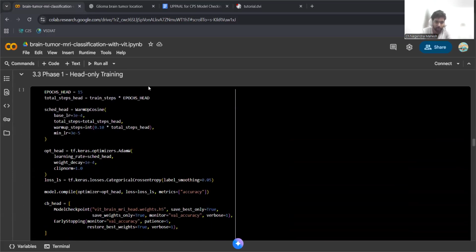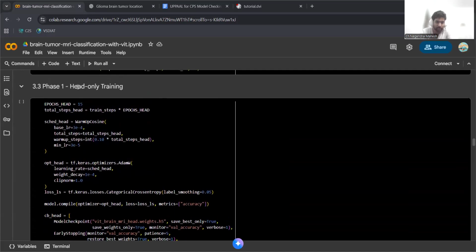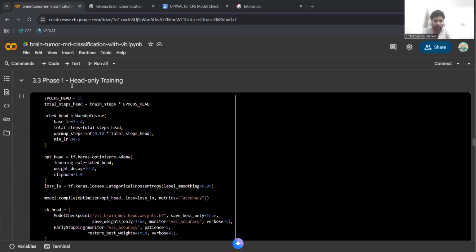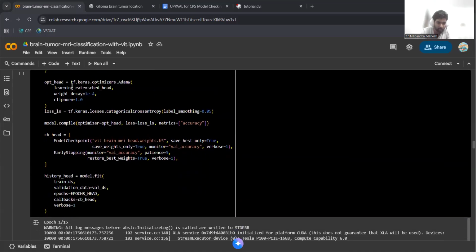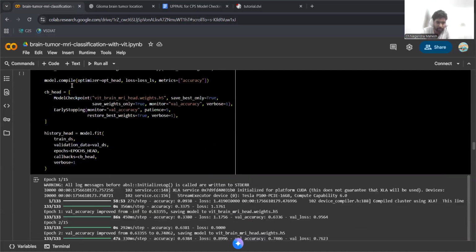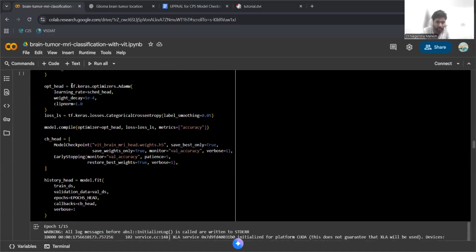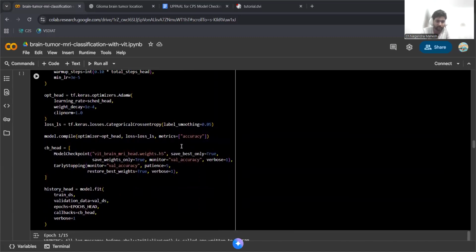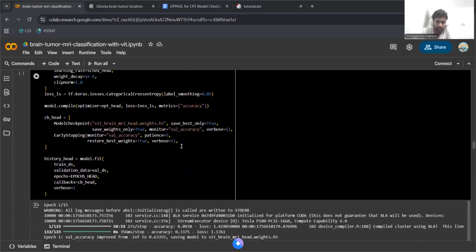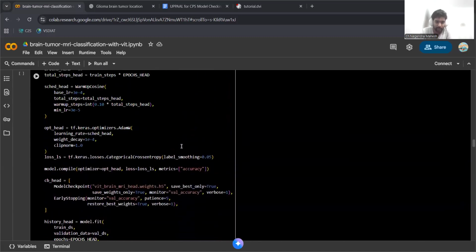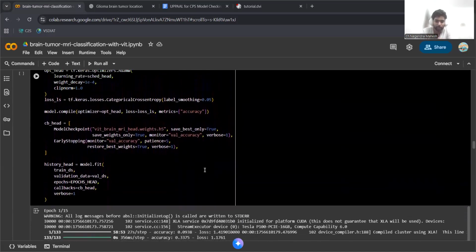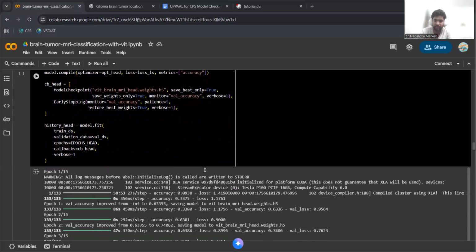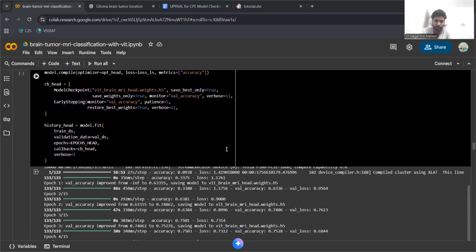And now let's get into the training part. For the predefined transformer, we are training only the heads. This is how we are going to do it. This code works like this: for the given data, as long as the accuracy keeps on increasing, the transformer works.